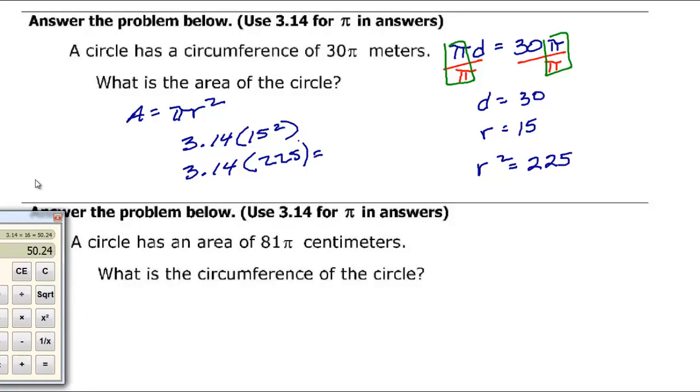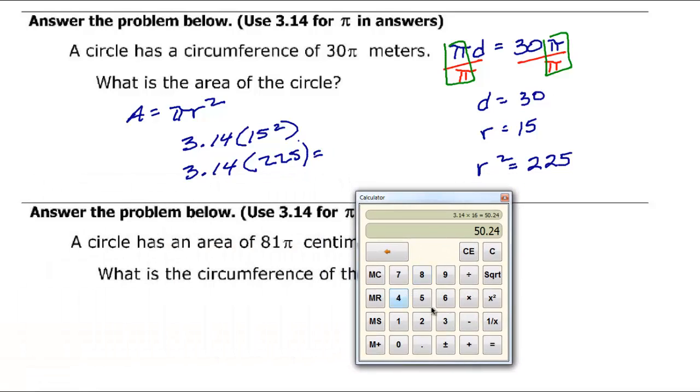And that is equal to 706.5 meters squared.